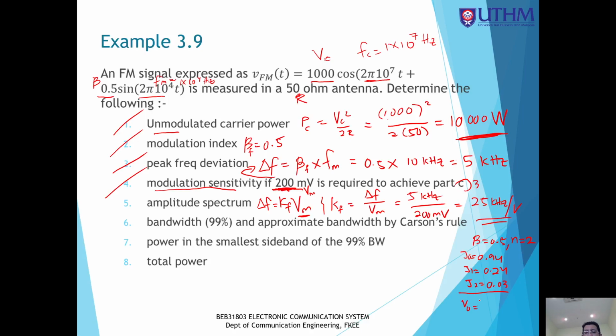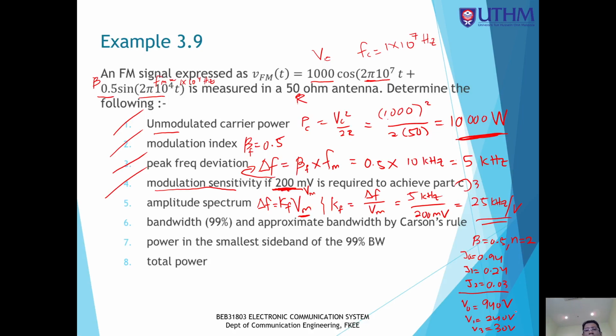So here that means 0.94 multiplied with 1000, so you will get 940 volt. 1000 is the Vc. V1 is equal to 240 volt, and V2 is equal to 30 volt.